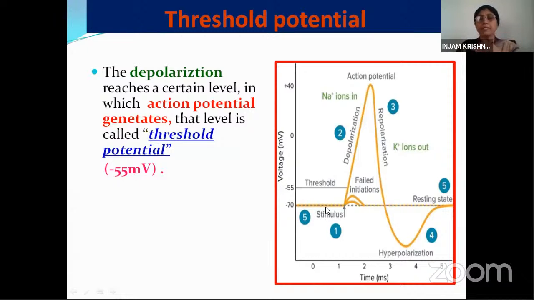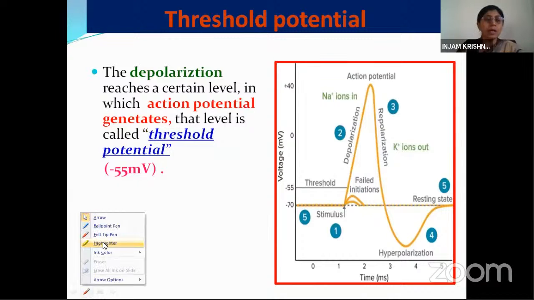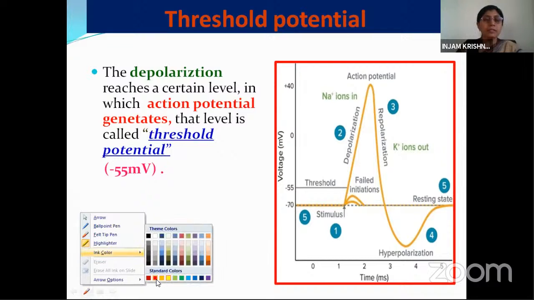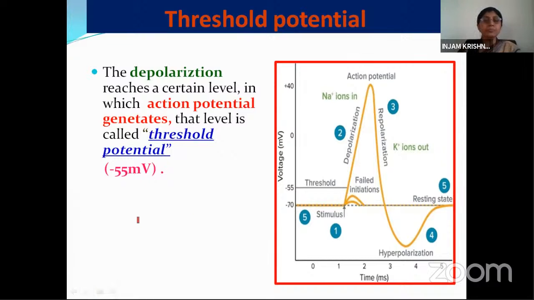Always the membrane is at this stage. But when you give a stimulus, what will happen? We discussed it yesterday, but I want to recap it. This is the membrane, it is inside, it is outside.